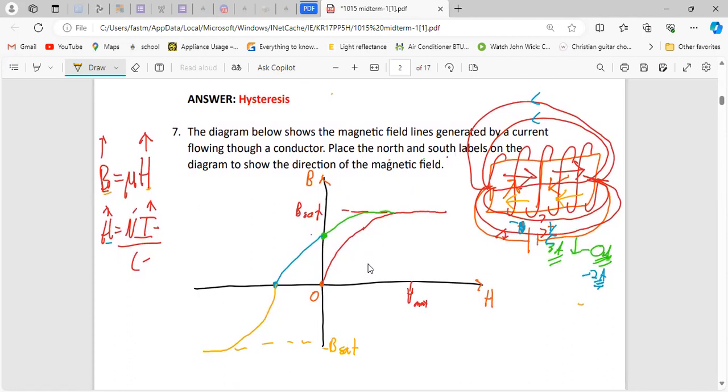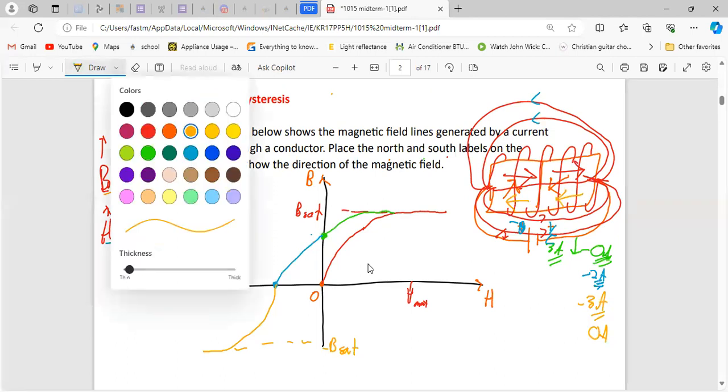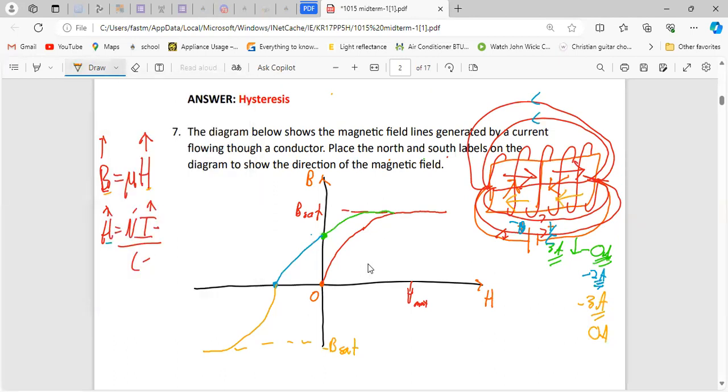Say it's saturated at -3, to keep the uniformity. Now if we decrease the current to 0, the same thing happens again. It will not go back to 0; it will retain some magnetism.